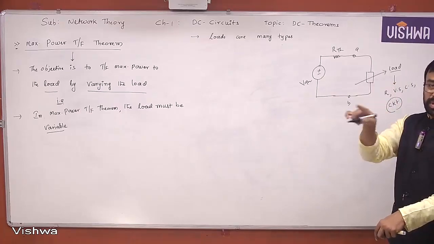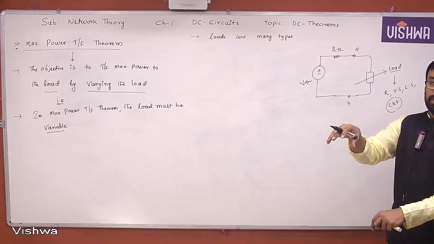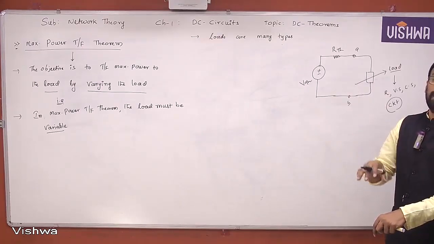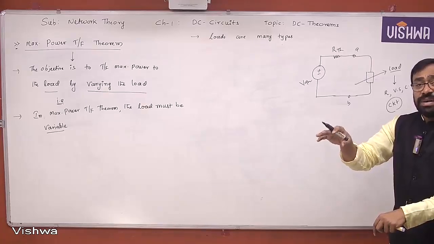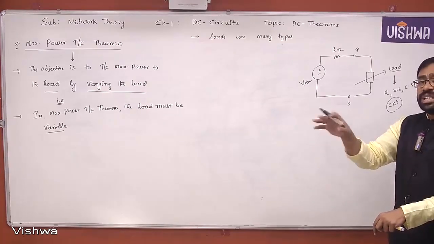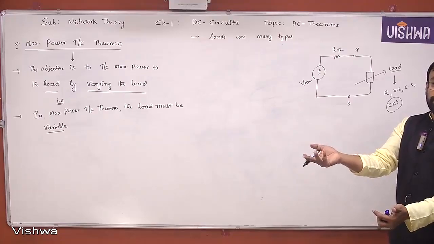Then only the load is variable. When any one of the elements in that network is variable, you can say the entire network is variable. When the network is the load, then the load is variable.